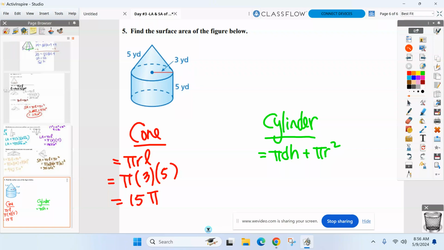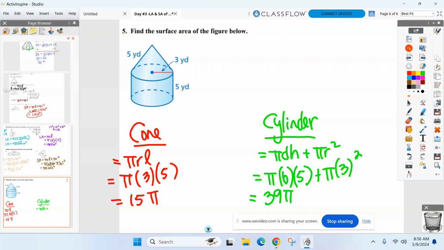The other one is being covered up, so that's why you don't see a 2 there. Plug in your values. The diameter would be double 3, 6. The height of the cylinder is 5. Plus pi, radius of the cylinder is 3 squared. So we get 39 pi here.